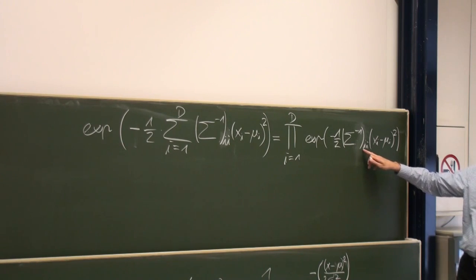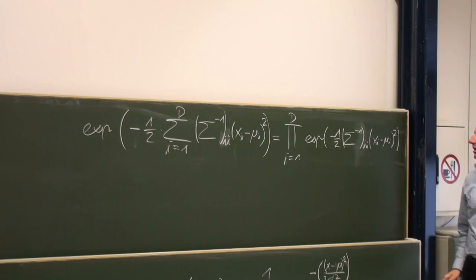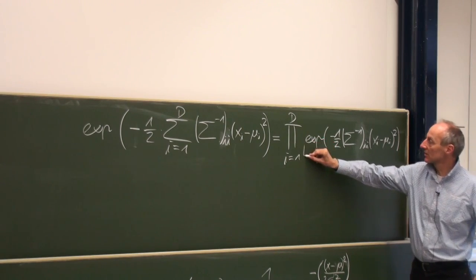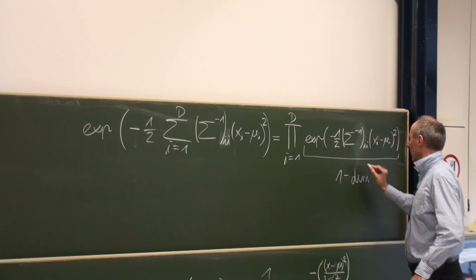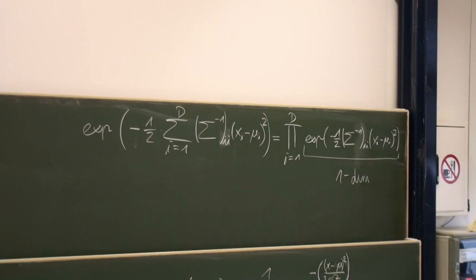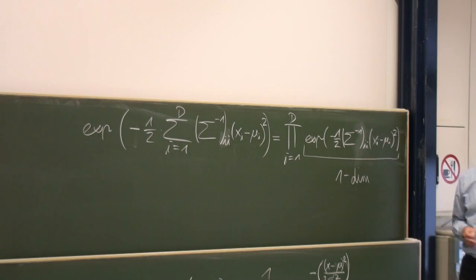It's one element of the inverse matrix. So this is a one-dimensional Gaussian. So you see, if our covariance matrix is diagonal, then our multidimensional Gaussian comes down to the product of d one-dimensional Gaussians.